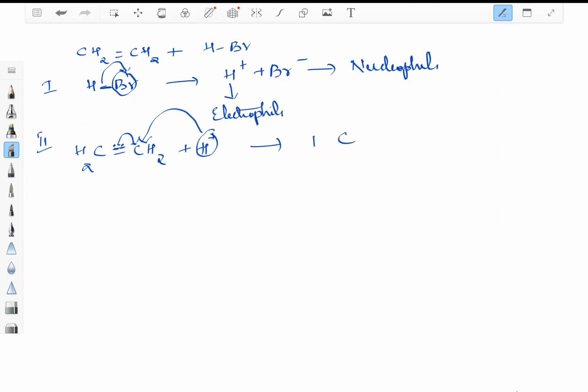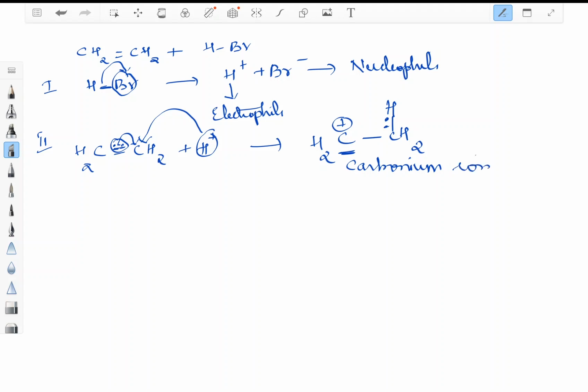So CH2-CH2 with H. These pi electrons help in the formation of this sigma bond. But because this carbon is losing its pi electron share, it gets a positive charge. This is nothing but a carbonium ion.